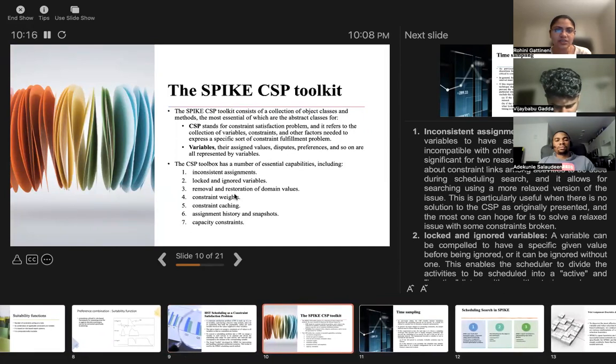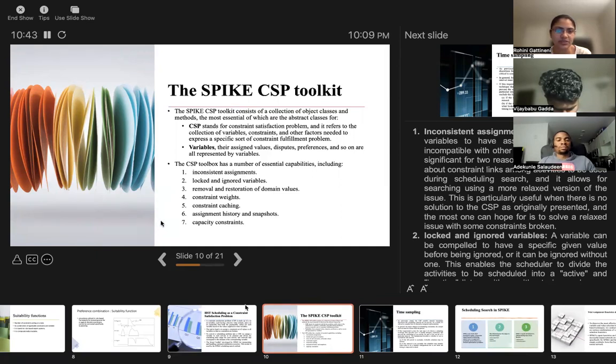The Spike CSP toolkit consists of a collection of object classes and methods, the most essential of which are abstract classes for CSP and variables. CSP stands for the constraint satisfaction problem, and it refers to the collection of variables, constraints, and other factors which are needed to fulfill the problem. And in variables, the assigned values, conflicts, preferences, and so on are represented.